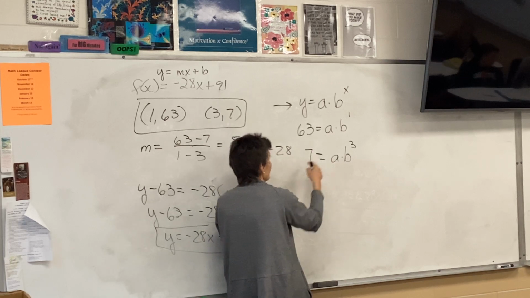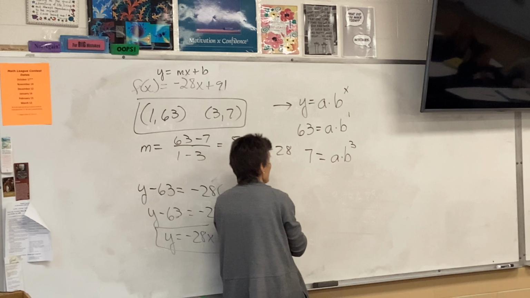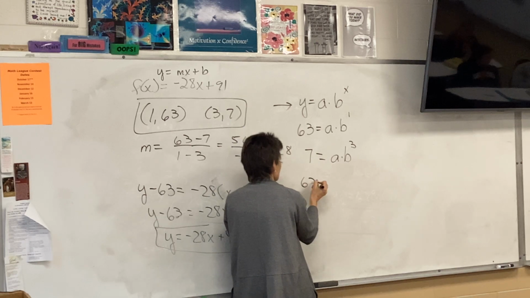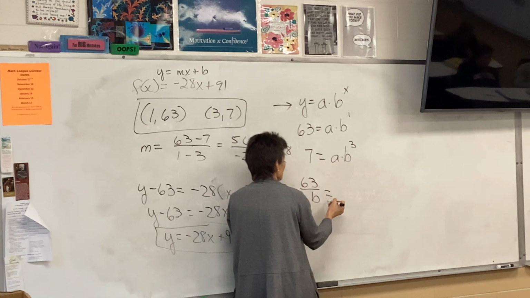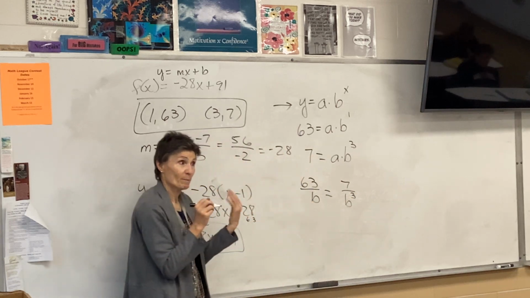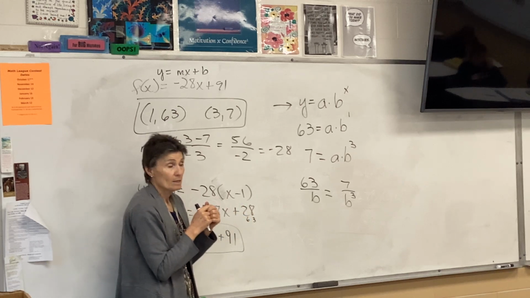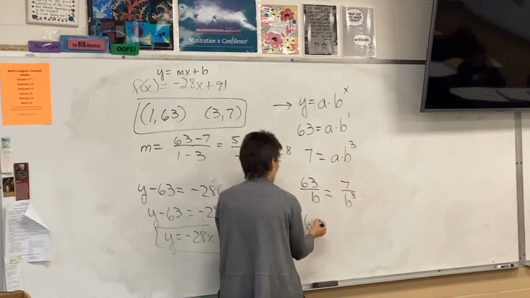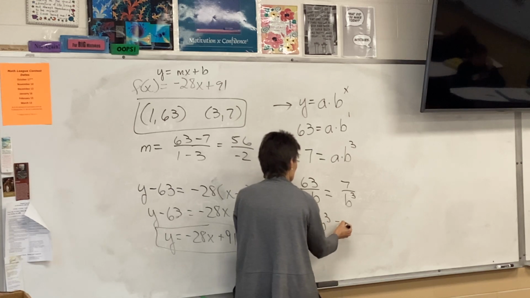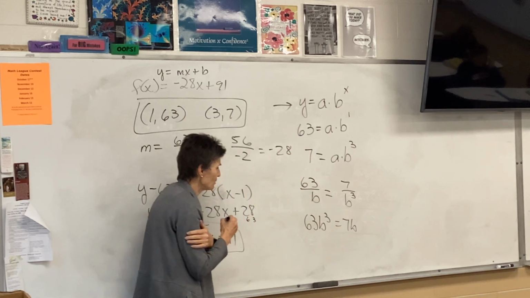Since they're both always gonna have an A, I like to just solve for A instead of x. So 63 over b equals 7 over b cubed. You may or may not do the problem that way, but does that make sense? Is that right? So then I can cross multiply. What do I do now?